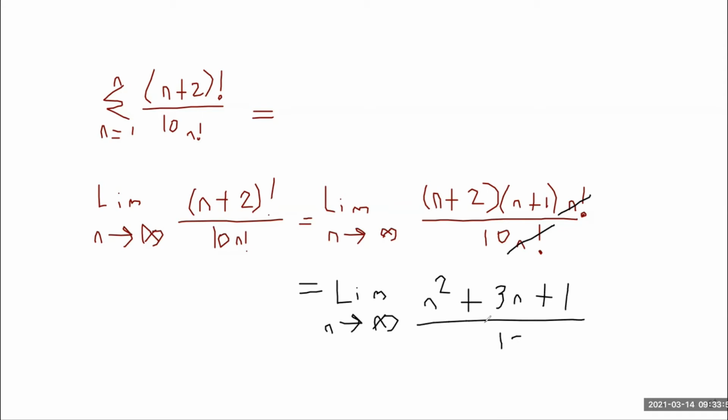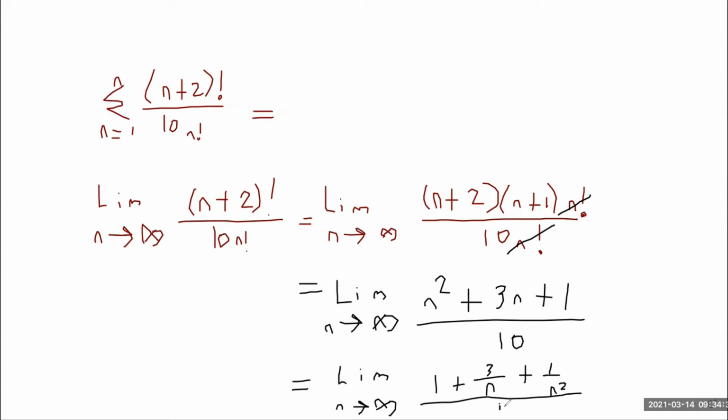Then you can divide through by the highest power of n. Clearly we see that this diverges, but just to simplify it as far as possible, we're evaluating the limit as n approaches infinity of n squared over n squared is 1, plus 3n over n squared is 3 over n, plus 2 over n squared, and then 10 over n squared.